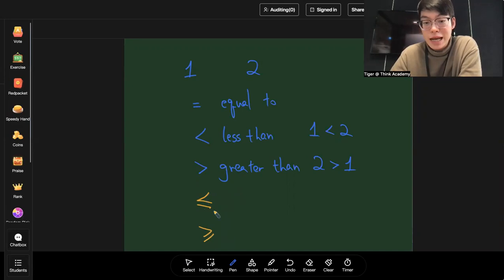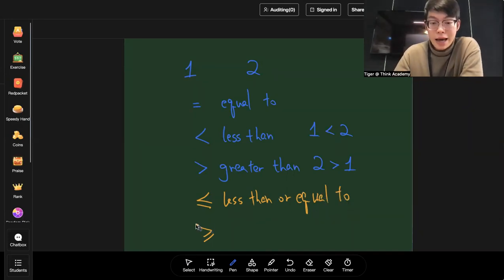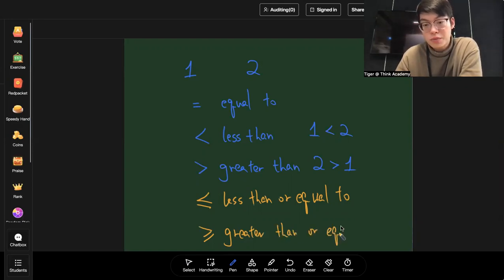They represent less than or equal to, and of course the other one means greater than or equal to.